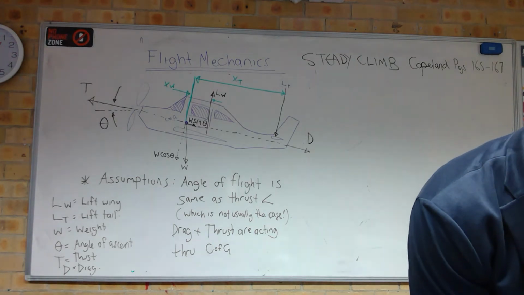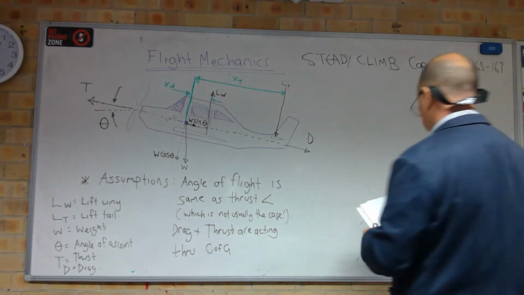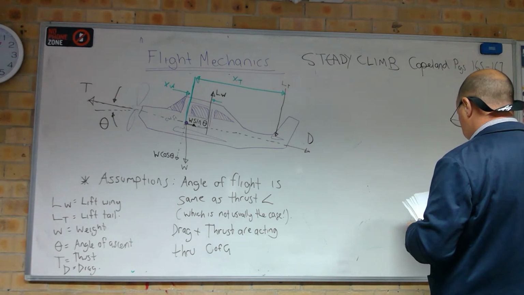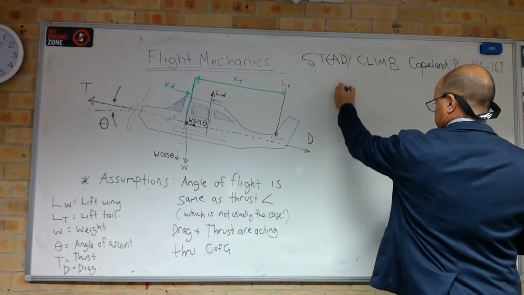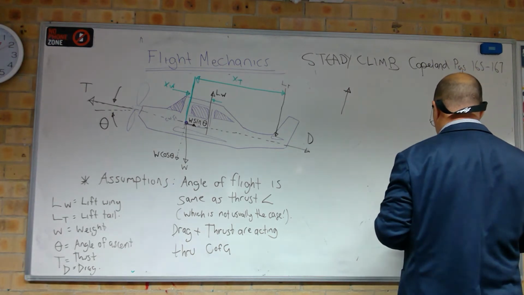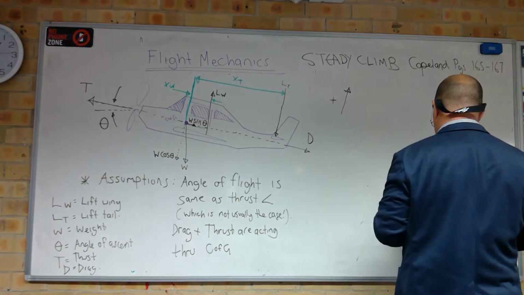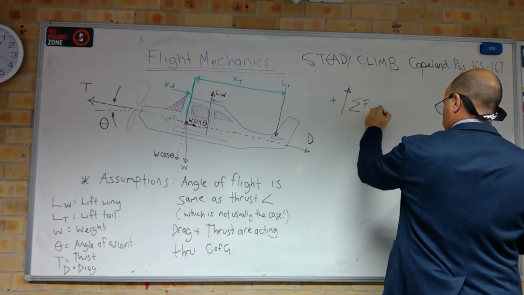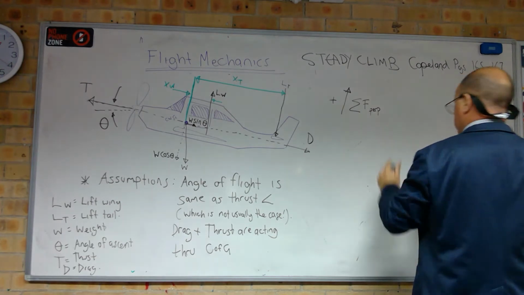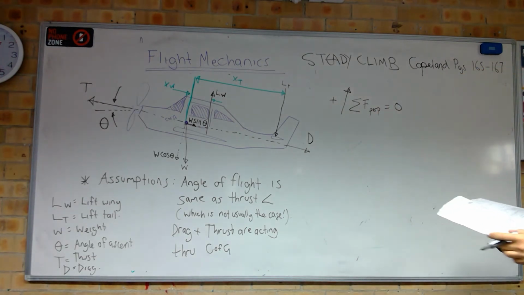The first equation on page 166 is he's worked out the sum of forces perpendicular. He's done this because it's the angle that's going up. Up is positive, and he says the sum of forces perpendicular is equal to 0 because it's a steady state climb.